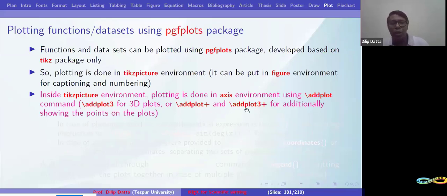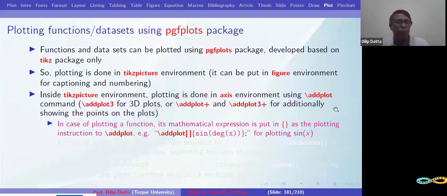Additionally, we can use this plus sign also, say addplot+ or addplot3+, for showing the intermediate points also. Only addplot or addplot3 will show a smooth curve, but if we add this plus sign, then additionally these coordinate points will be shown there.